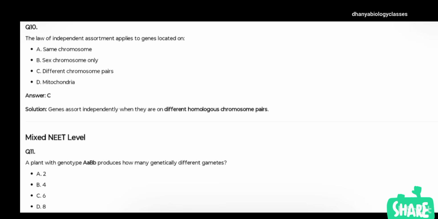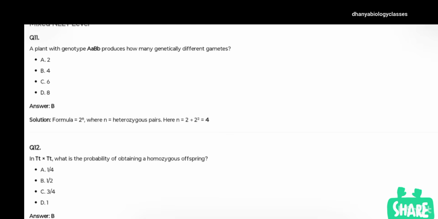The law of independent assortment applies to genes located on different homologous chromosomal pairs. Option C. A plant with genotype capital A small a and capital B small b produces how many genetically different gametes? A formula is there, 2^n, where n is the heterozygous pairs. So how many pairs? 2 pairs here, right? So 2^2, 2 into 2, that is 4.